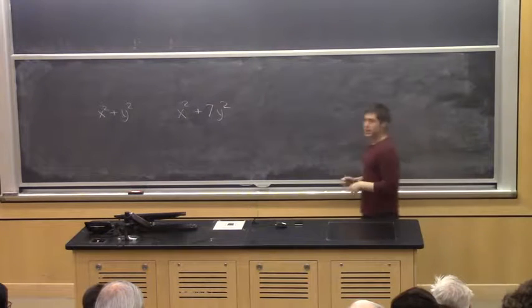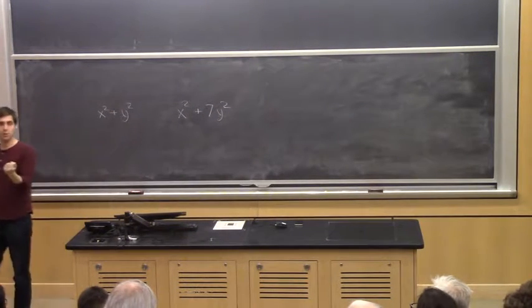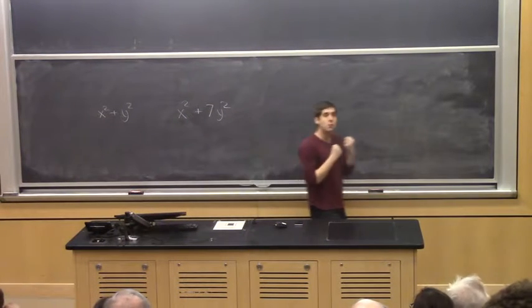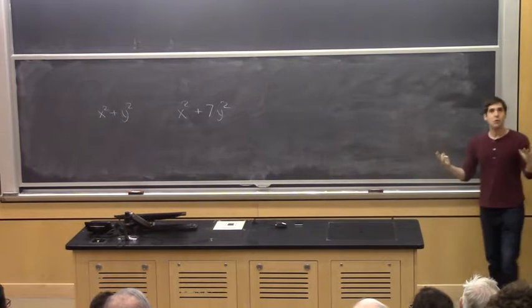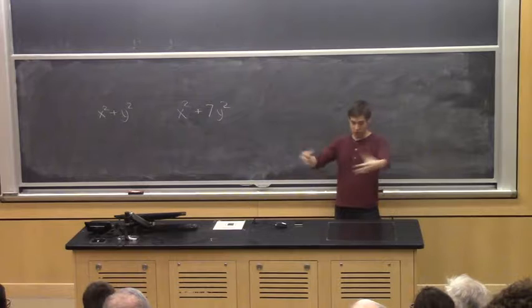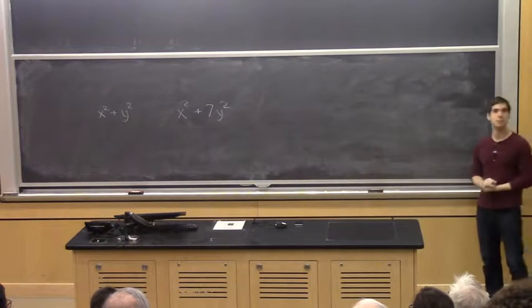So what I've just given you is two strategies that you might use if you wanted to prove that two quadratic forms over the integers are not equivalent. One strategy is to see what happens over the real numbers. And over the real numbers, quadratic forms are easy to classify. They're determined by their signature, meaning the number of plus signs and the number of minus signs when you diagonalize them.